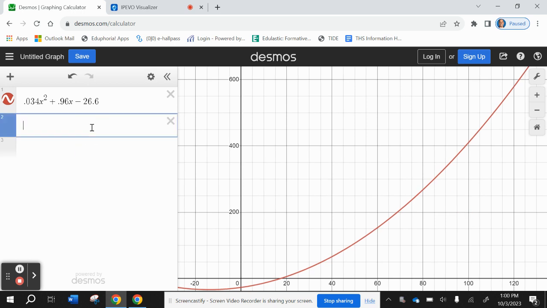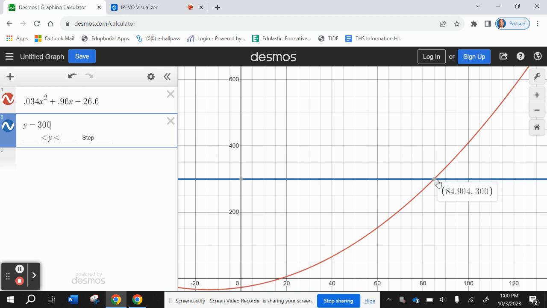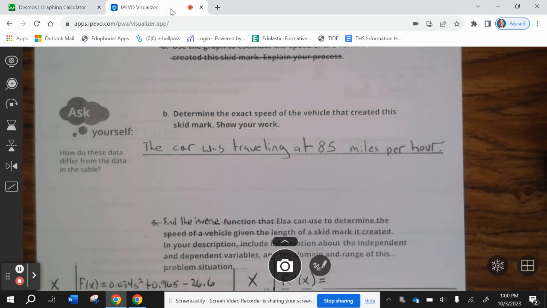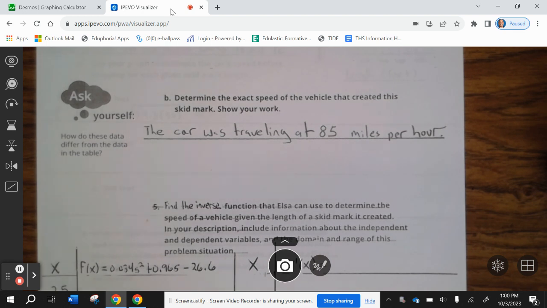And what I need to do is graph y equals 300, and ta-da, there is your distance. And we're going to round that to a whole number. So the car was traveling at 85 miles per hour. Okay.